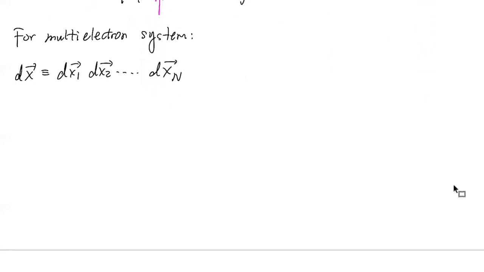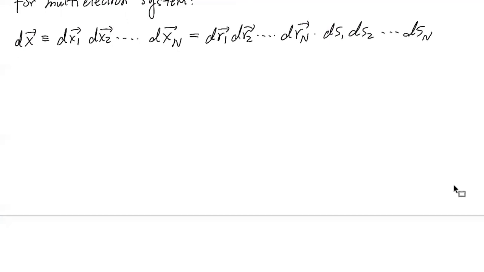You have n electrons, right? And you can separate dx1 as dr1 times ds1. So you really have dr1, dr2 to drn times ds1, ds2 to dsn, right?